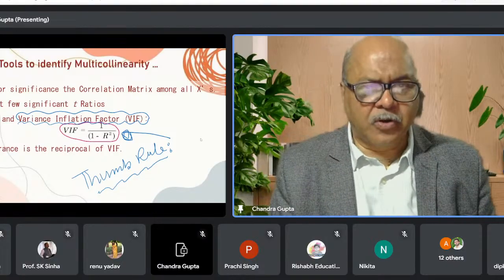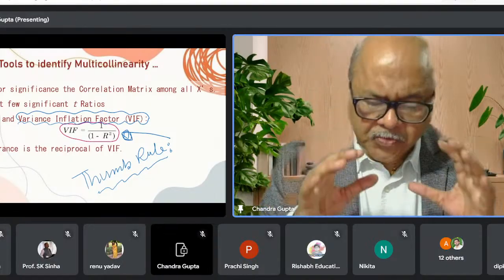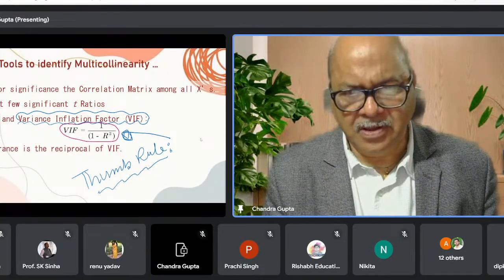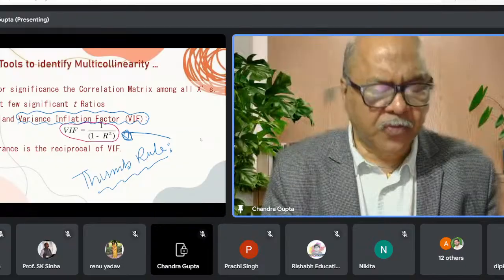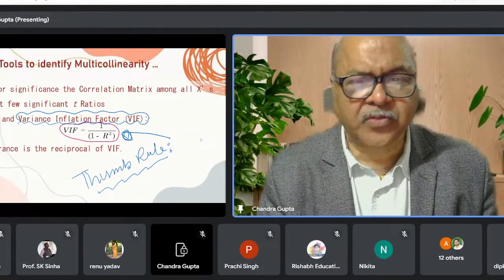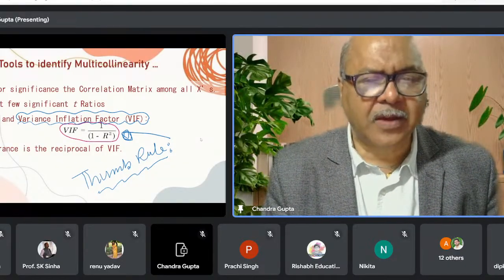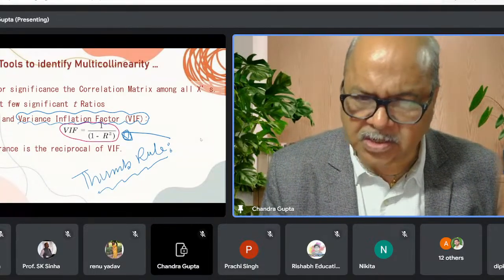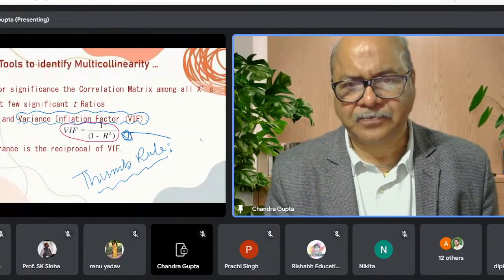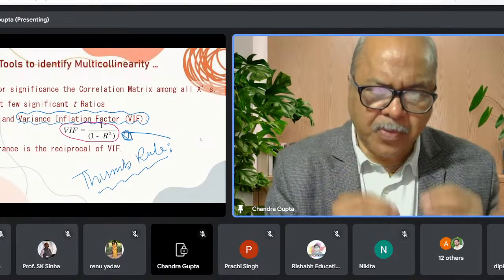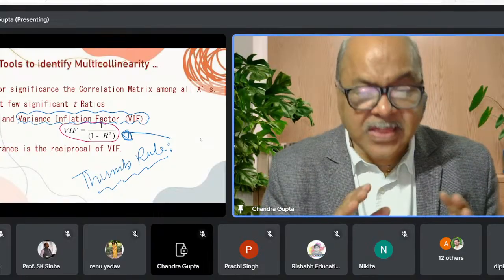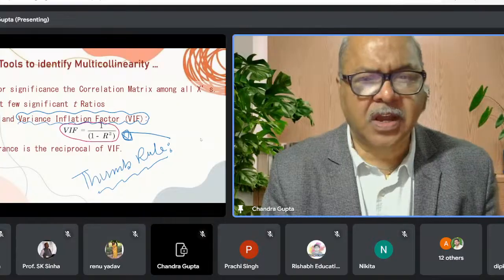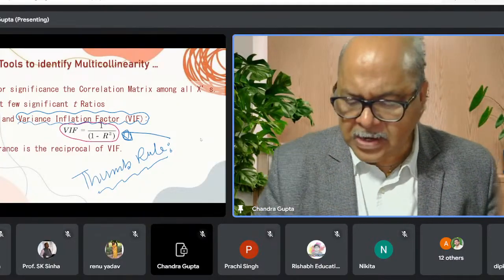There is a rule about VIF. It is very hard to find no correlation among the variables. Some amount of correlation does exist between the variables. You cannot say that you have two or three variables in your model and the correlation is zero. That is just not possible. Some correlation is bound to exist. So we have a benchmark threshold, decided by a thumb rule, and that is 10.